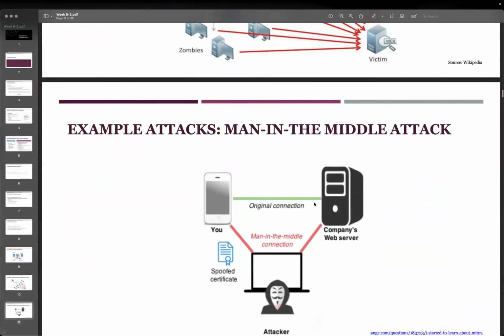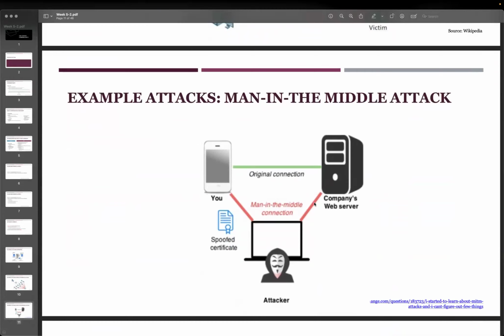And we also have the man-in-the-middle attack.